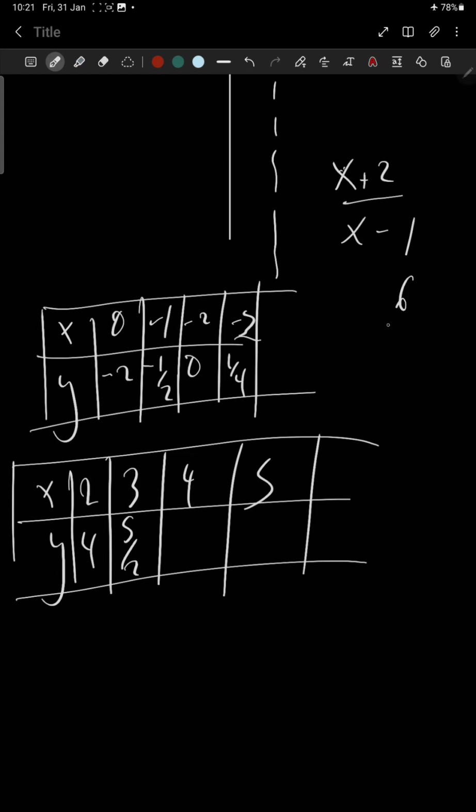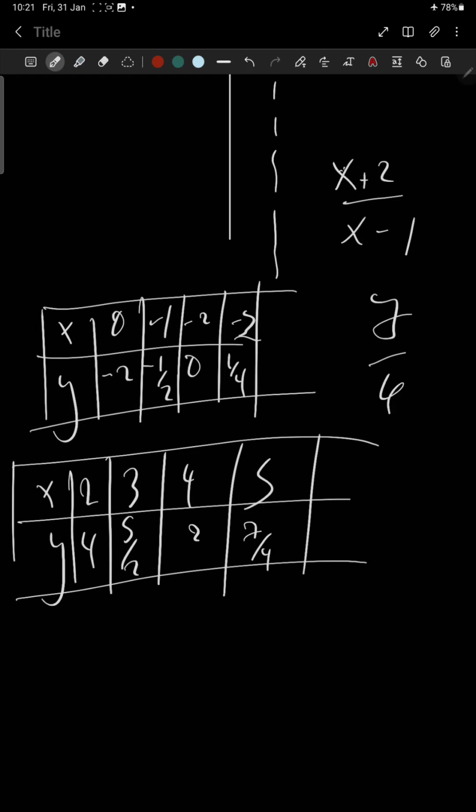If I pick 4, it will be 6 over 3, which is 2. Okay. If I pick 5, it will be 7 over 4.